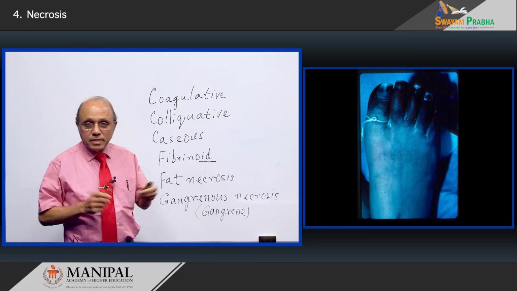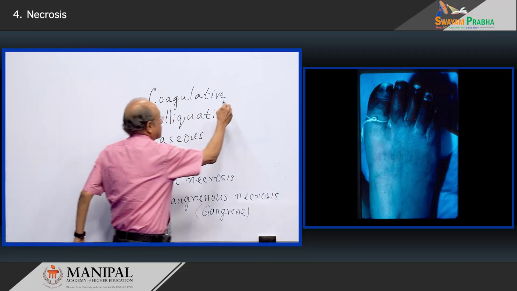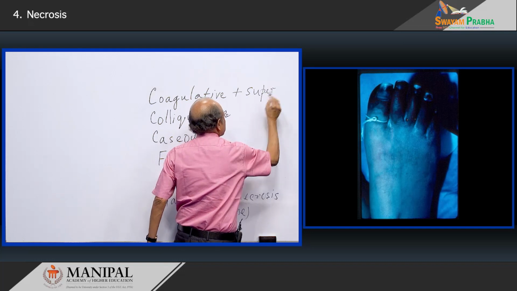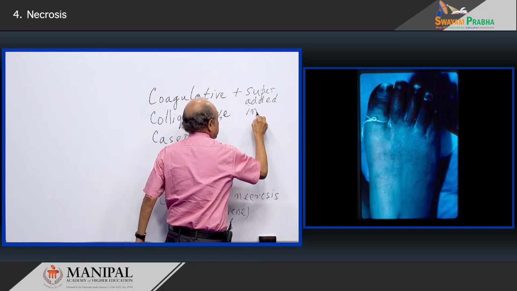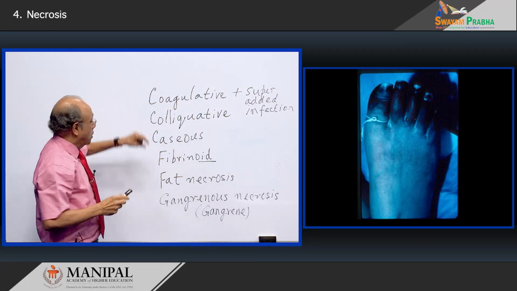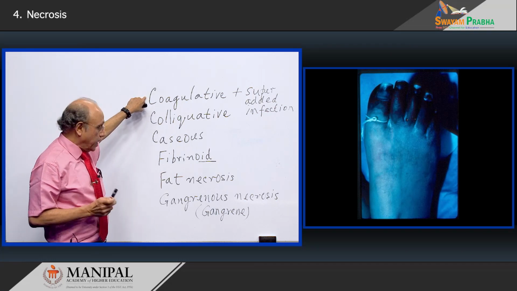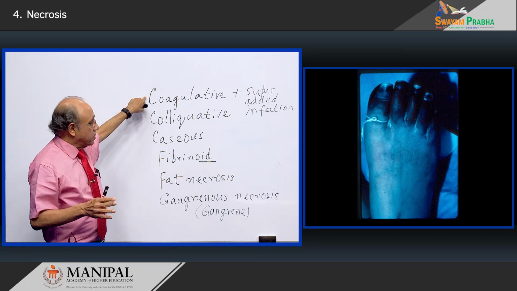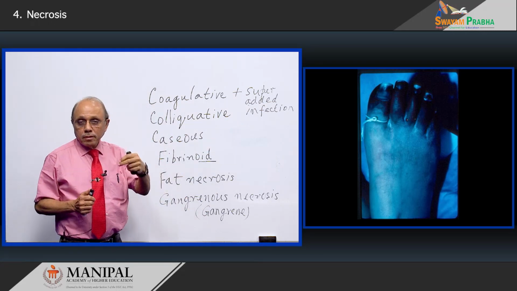What is gangrene? Essentially, gangrene is coagulative necrosis, the first one, plus superadded infection. So when a tissue that has undergone or is undergoing coagulative necrosis gets infected with organisms, then you have a condition called gangrene.